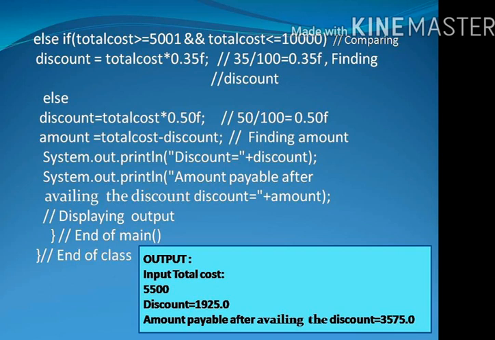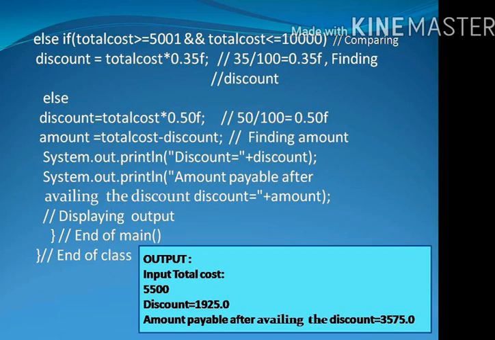If the condition is satisfied, discount = totalCost * 0.35f; that is 35 by 100. Else discount = totalCost * 0.50f; that is 50 divided by 100, that is 50%.